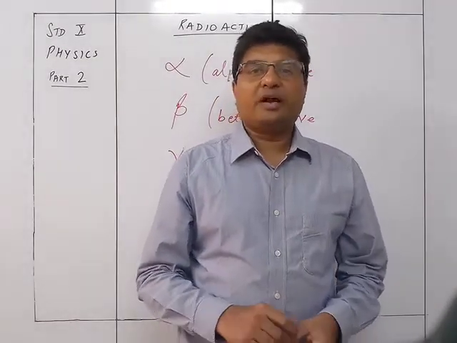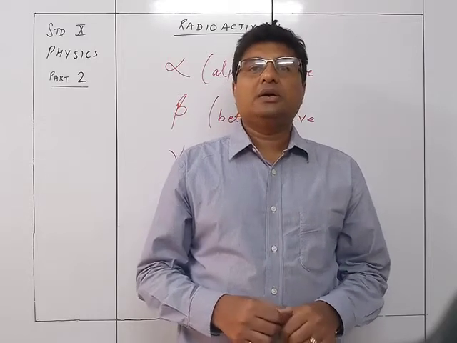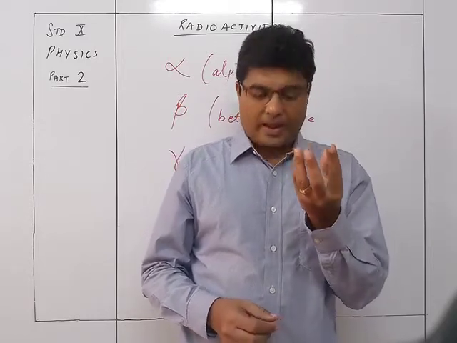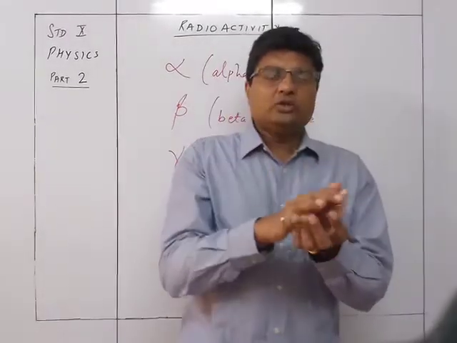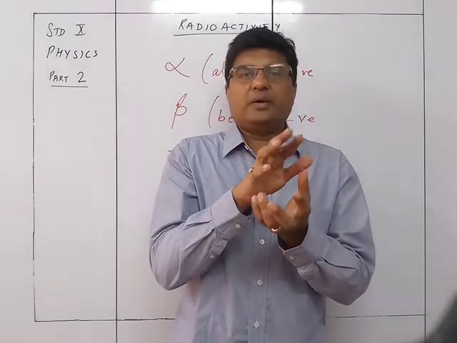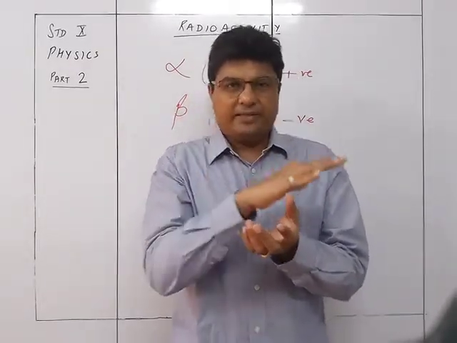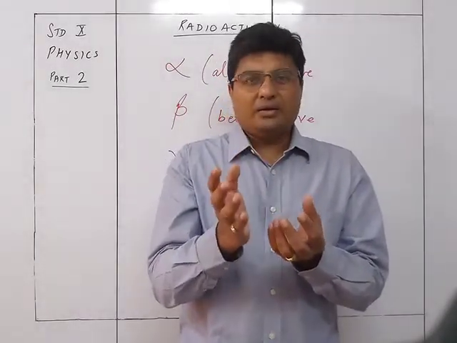Rutherford, when he was studying the radioactive substances, placed the radioactive substance in between and then placed it in a magnetic field. When he placed the magnetic field, he found that the particles coming out from the radioactive material were getting deflected in a particular manner.